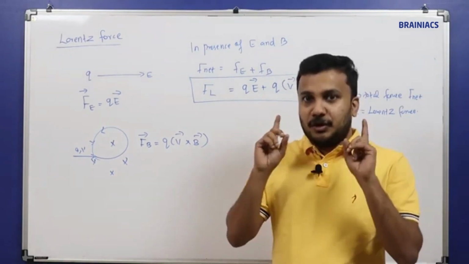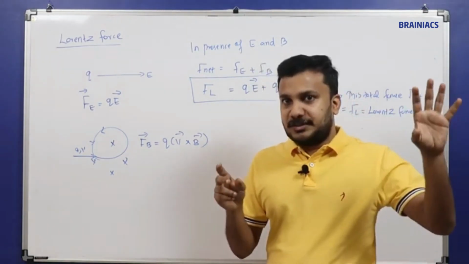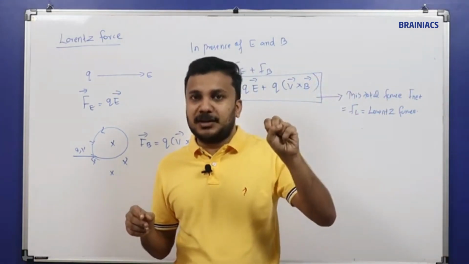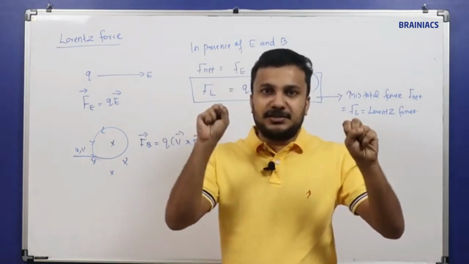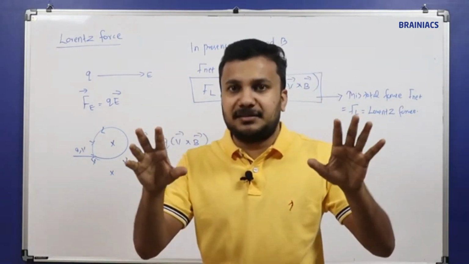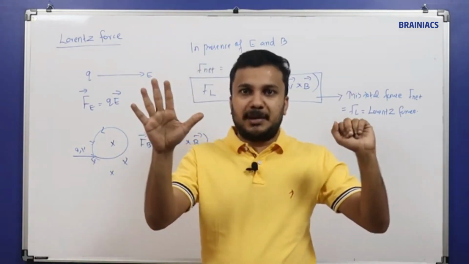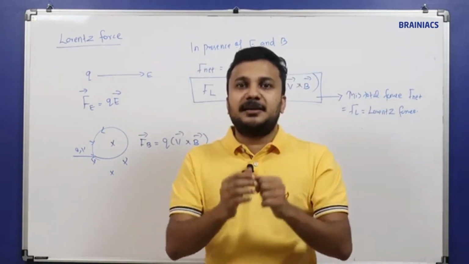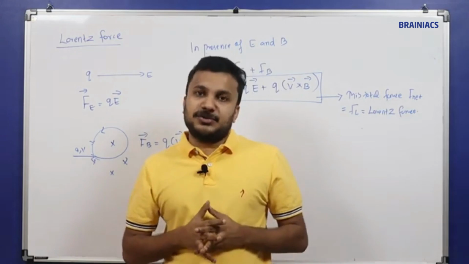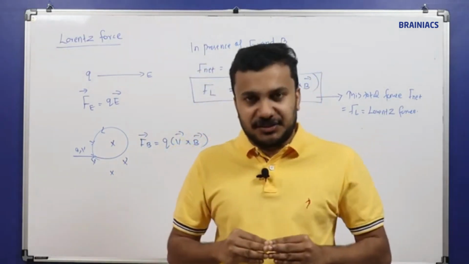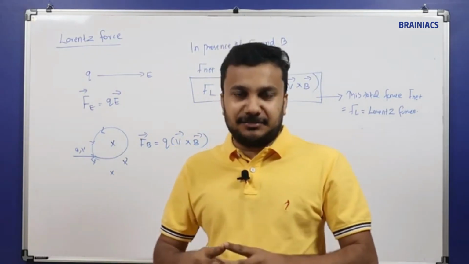Hope you understood. Lorentz force is talking about two things. Partially, 50% of the Lorentz force is coming from electric field and electric charge, the rest 50% is coming from magnetism. So the combination of the electrical force and the magnetic force added together is called Lorentz force. So Lorentz force deals with the presence of electric field and magnetic field.